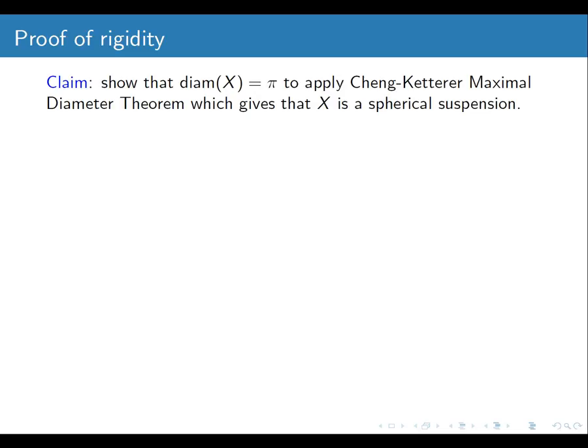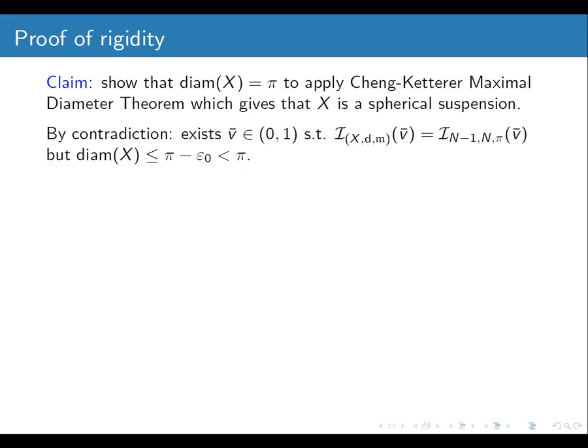And this again can be obtained by the fact that the isoperimetric profile function behaves nicely under the change of the diameter. So as soon as you assume by contradiction that the diameter is not really pi, that it is a little bit below pi, you can easily reach a contradiction with the fact that you have one volume for which you have identity on the isoperimetric profile function.